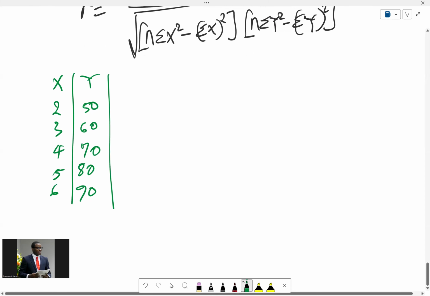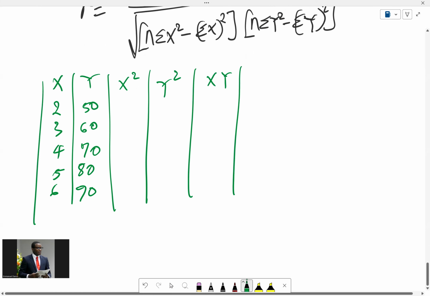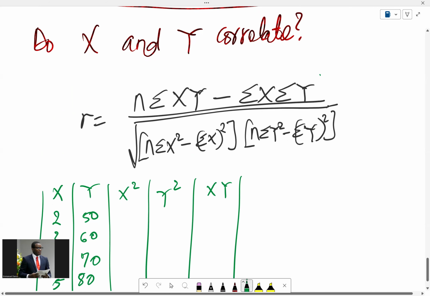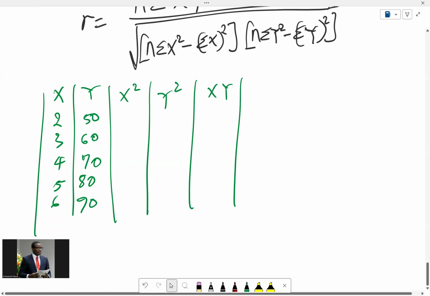And then, of course, you are going to need X squared, Y squared, and then XY. From the formula, you know what you need: the summation of X, the summation of Y, the summation of XY, so you multiply X and Y and then sum up, the summation of X squared, and the summation of Y squared.